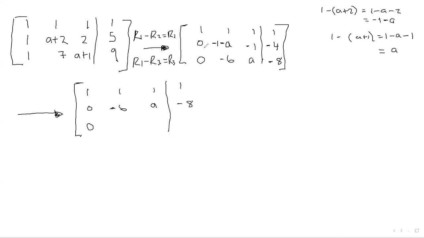I'm just going to divide everything by minus 1 here because there's a lot of negatives. So that will make this a plus 1, then this 1, then this 4, right?